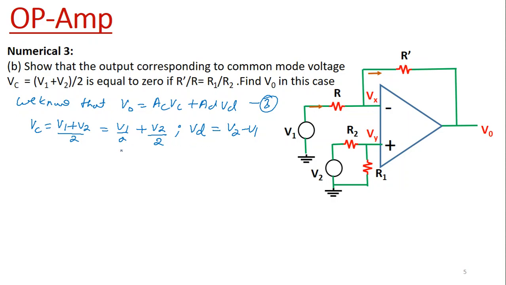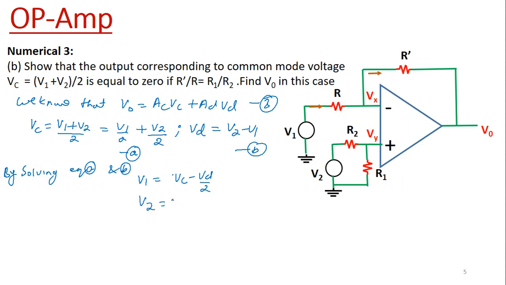Let this be equation number A and let this be equation number B. By solving equation number A and B, we get V1 is equal to Vc minus Vd by 2 and V2 is equal to Vc plus Vd by 2.